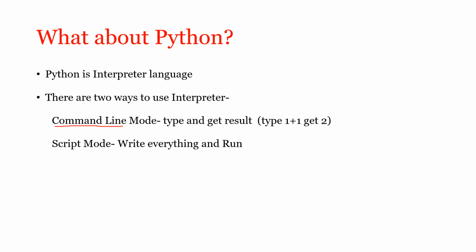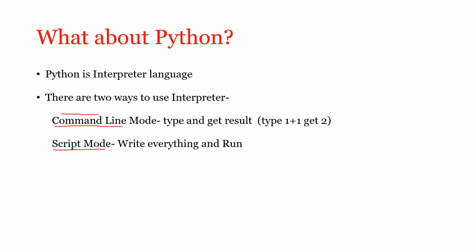So you write 2 plus 2 and you get 4 instantly. Or you type something in a script, that is a complete program, and then execute it at once. So these are the two methods in which you can use Python: either you use the command line or you use script mode.